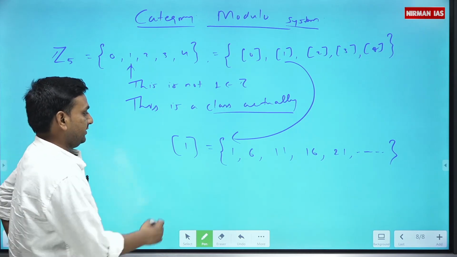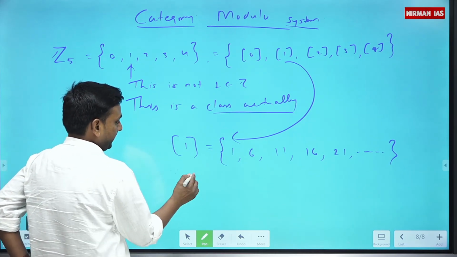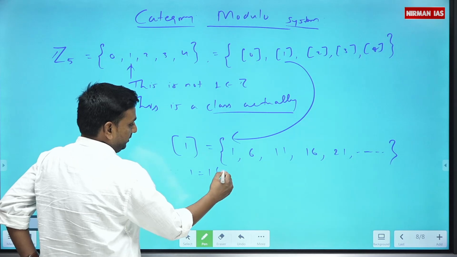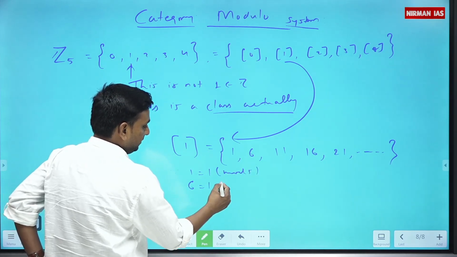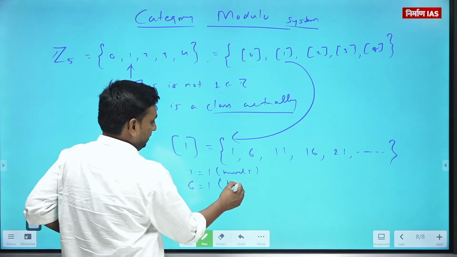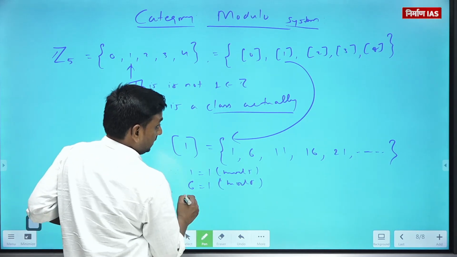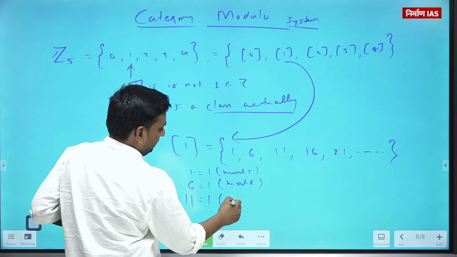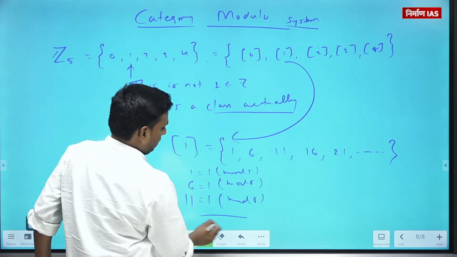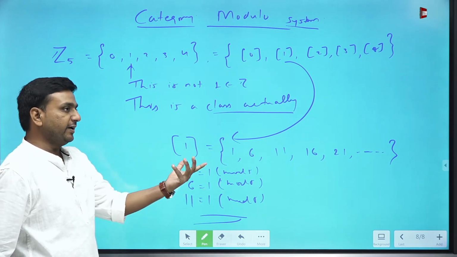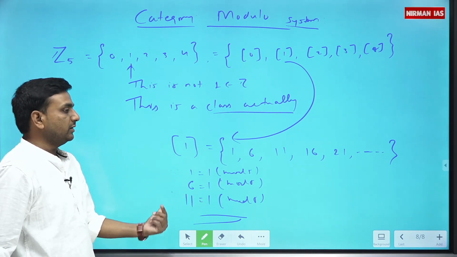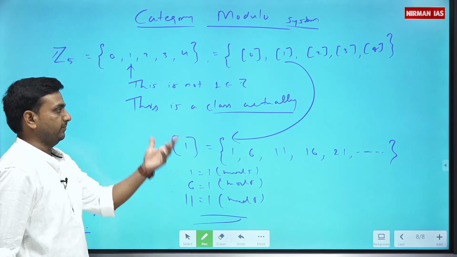Ultimately it says, since 1 can be written as 1 congruent modulo 5, 6 can be written as 1 modulo 5, 11 can be written as 1 modulo 5 and so on. Because 1 minus 1 is 0, divisible by 5, 6 minus 1 is 5, divisible by 5, 11 minus 1 is 10, divisible by 5 and so on.